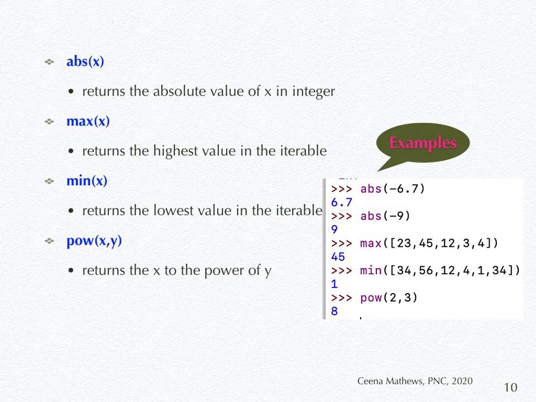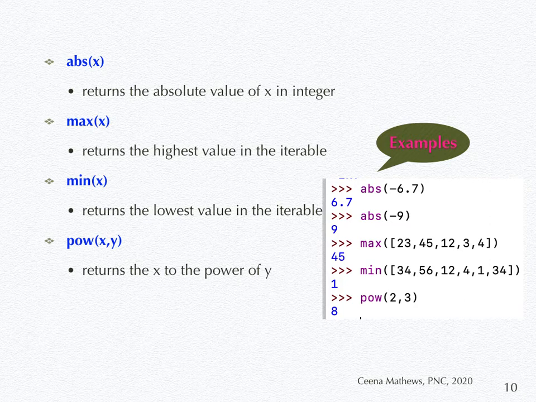One is abs. In the previous functions we saw a function called fabs that should be used with the math module, whereas abs need not be used with math. Here the example is given. Both do the same job, that is, they return the absolute or positive value of the given number.